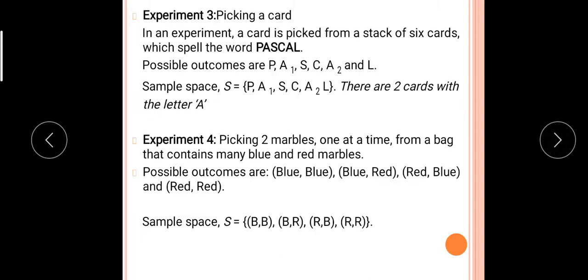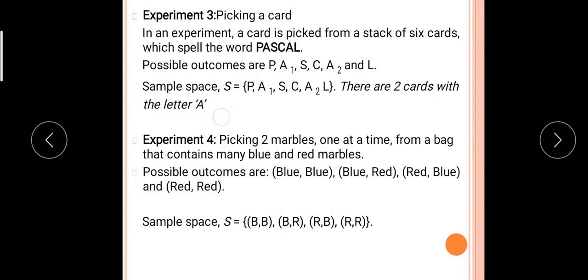Picking a card. In an experiment, a card is picked from a stack of 6 cards which spell the word PASCAL. How many cards are there? 6. The possible outcomes are P, A, S, C, A, L. But A is repeating, so we take A1 and A2.